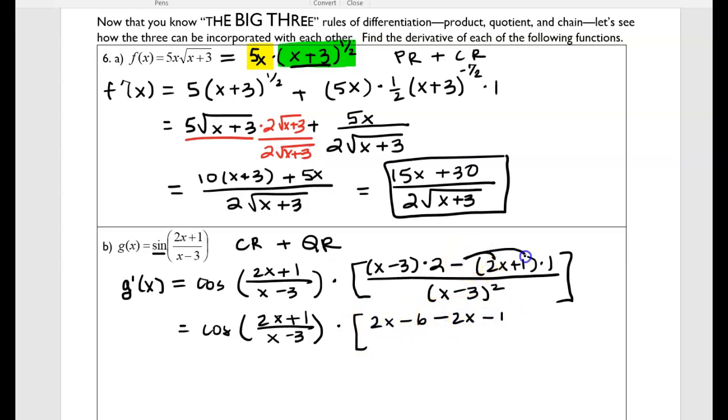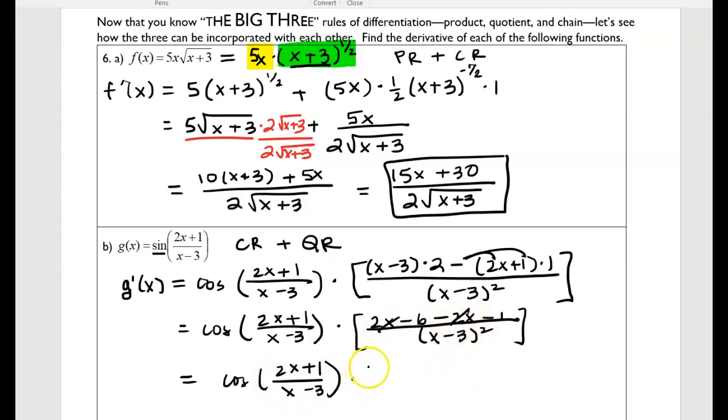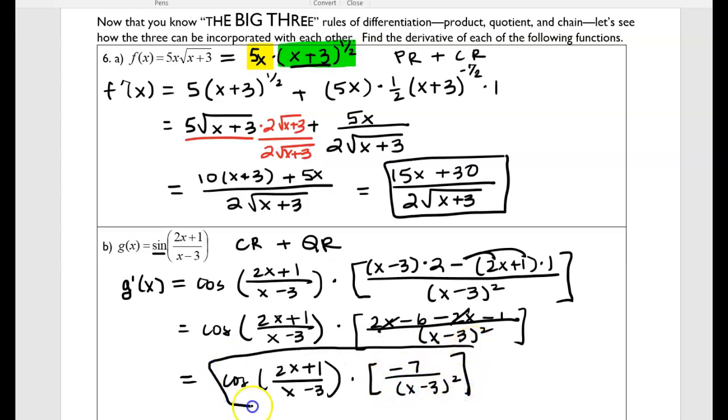Make sure you distribute that negative all over x minus 3 squared. A little bit more simplifying we can do: cosine of 2x plus 1 over x minus 3 times, the 2x's cancel here, and so I have negative 6 minus 1, negative 7 over x minus 3 squared. And that will be my final answer.